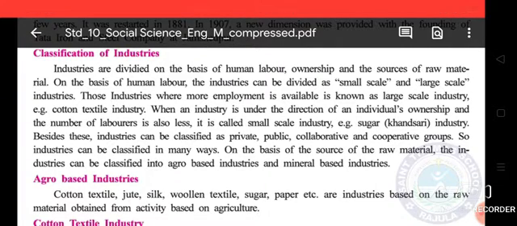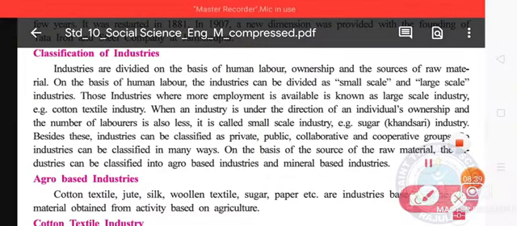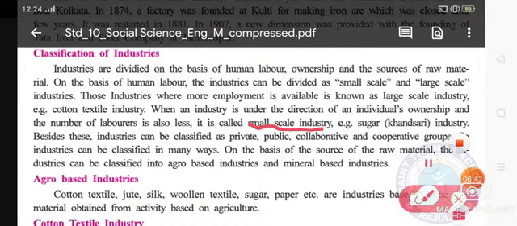Small scale industries have a very small number of laborers, and the direction is under the individual's ownership. That is why it is called small scale industry.